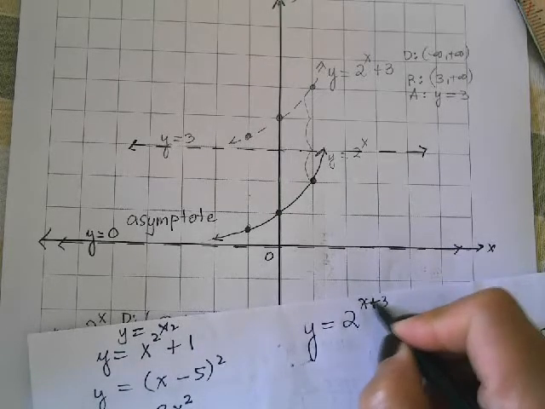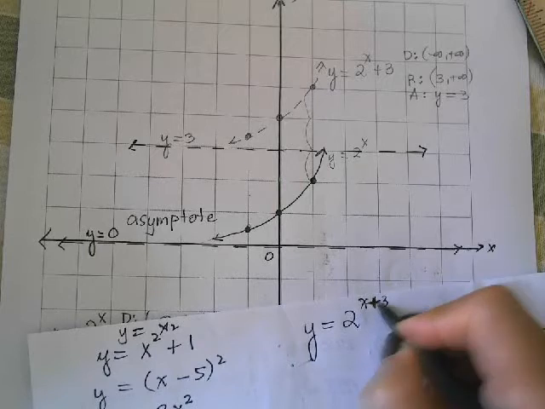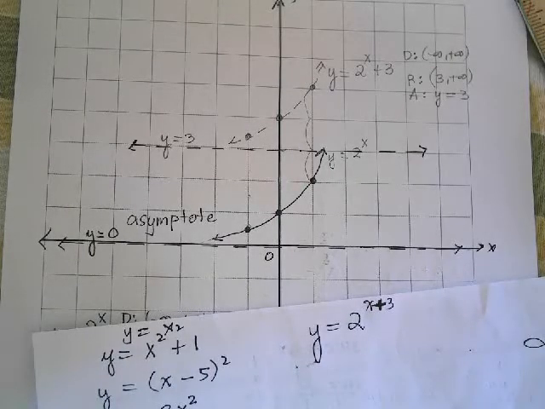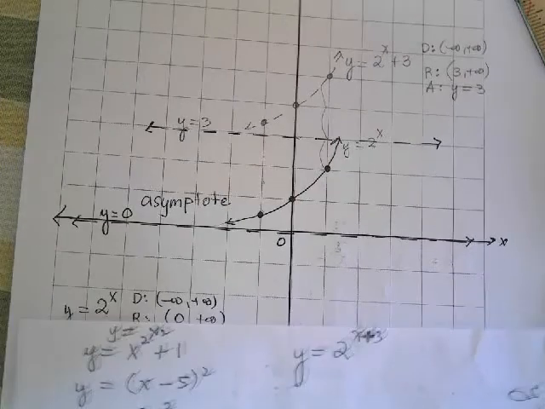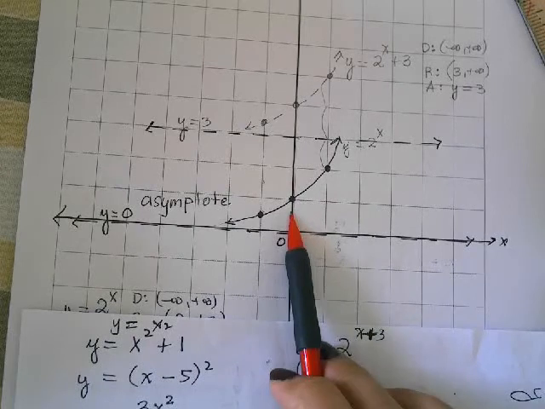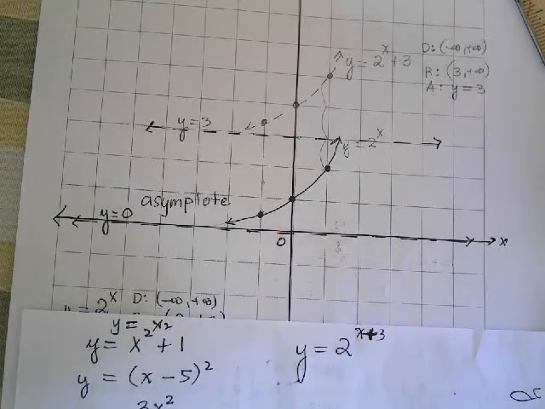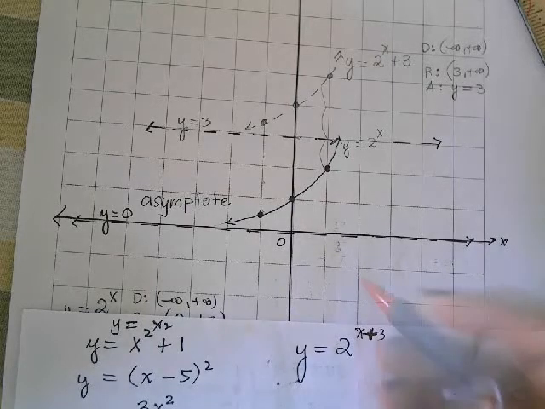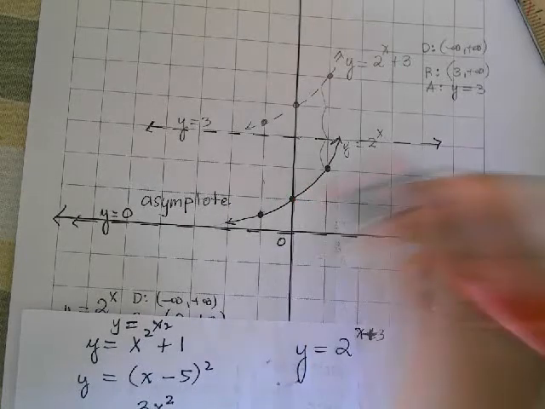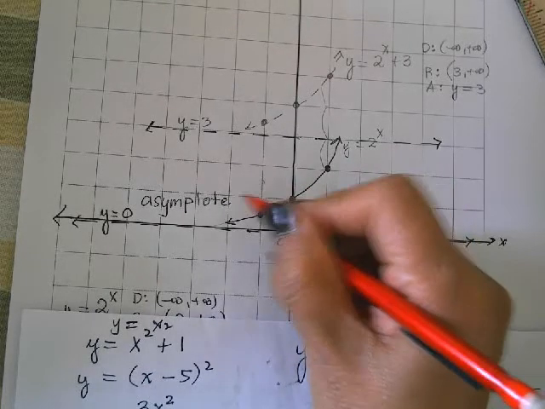When you add a number to x, then that's either left or right. When you add a number to the parent graph, that is up and down. So we're going to move the parent graph 3 units to the left, not the right, the left. So we're going to move this 1, 2, 3.